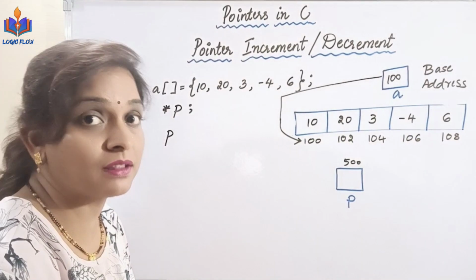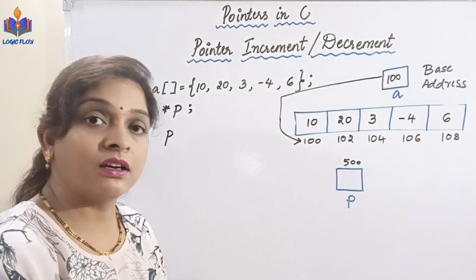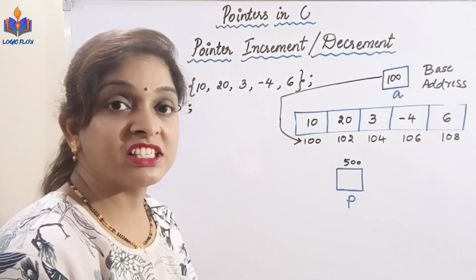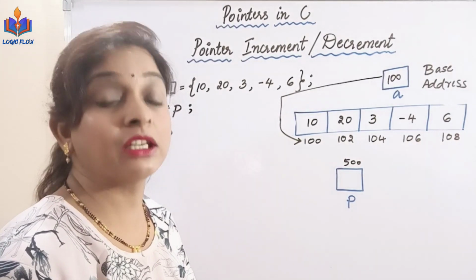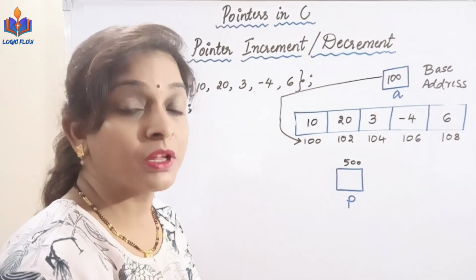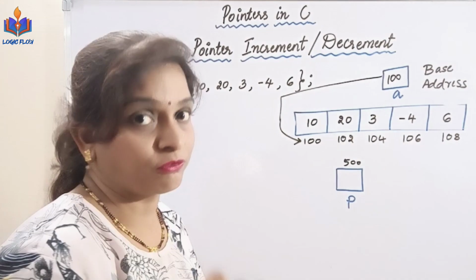It tells the compiler that it is a pointer variable. But when I use the asterisk in an assignment or while printing the values, it represents the value at the location. It acts as the indirection operator, the dereferencing operator. I've told this many times while explaining pointers. Make a note of that.